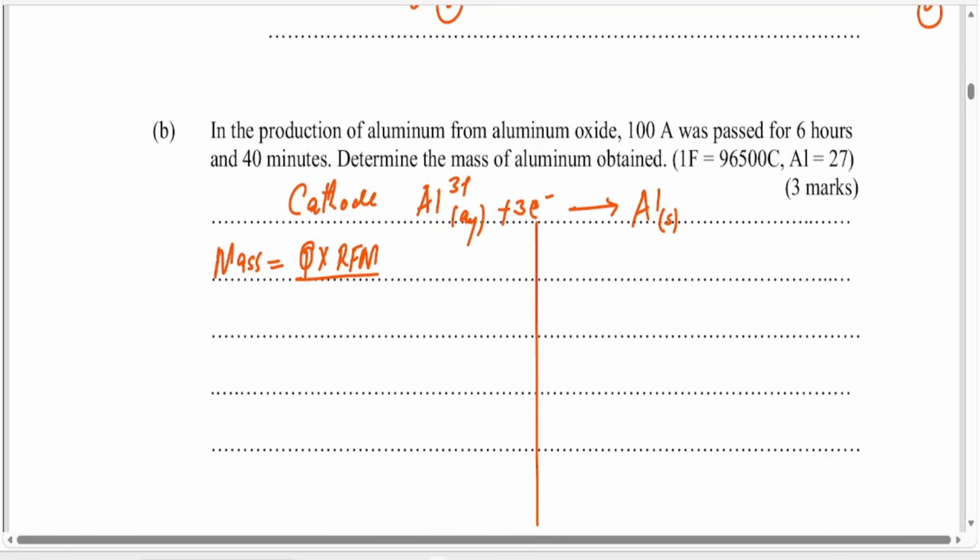We divide by the charge of that metal multiplied by the Faraday, or the constant.